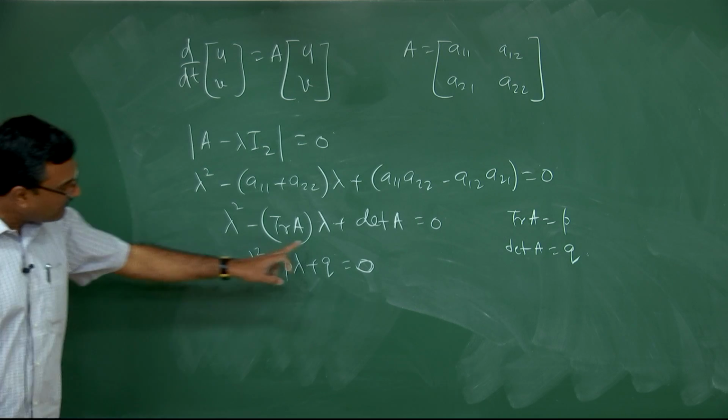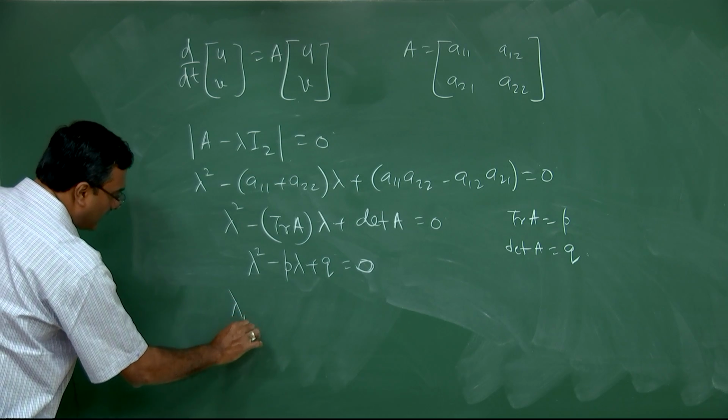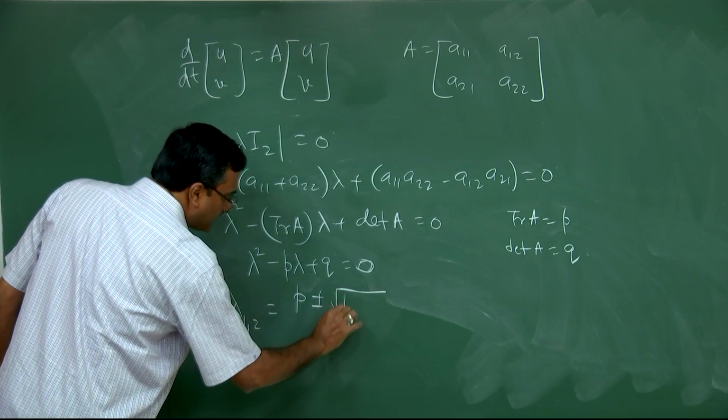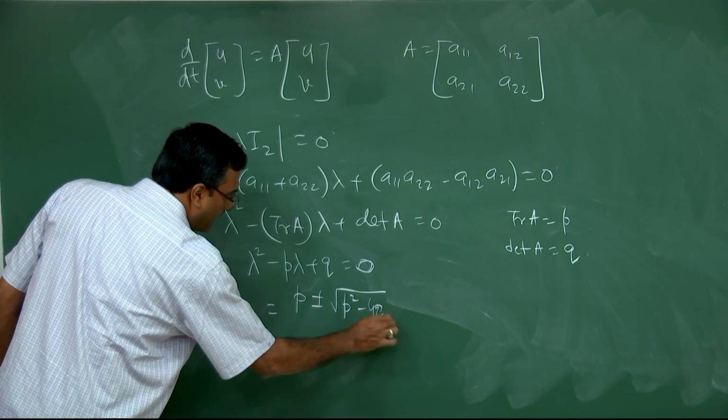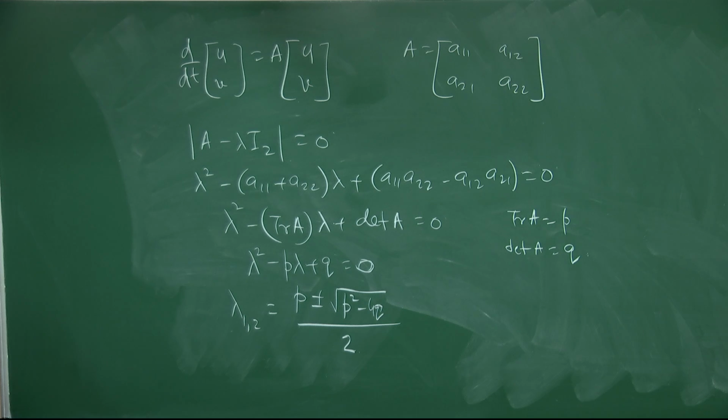Once you have this quadratic equation, its roots are given by lambda 1, 2 equal to P plus minus root over P square minus 4Q, divided by 2, correct?